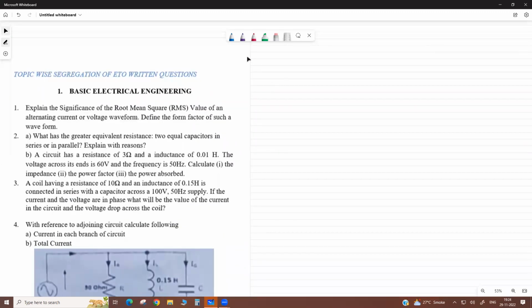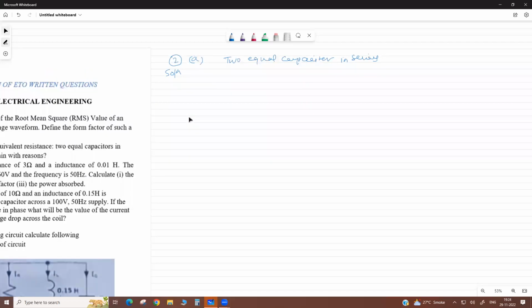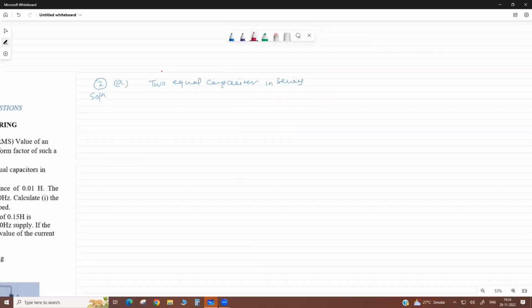So here, in the second part, suppose we provide a solution here. Solution: it means when two equal capacitors in series, this is case one, the first case.